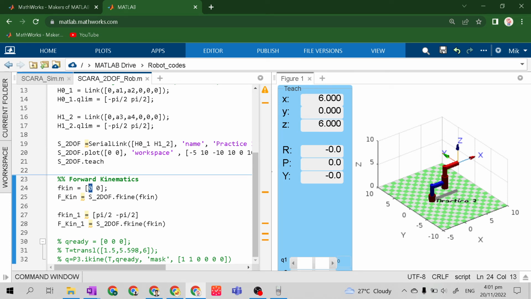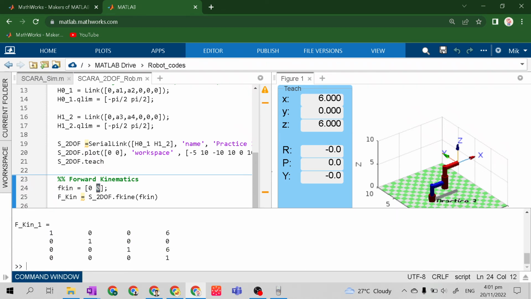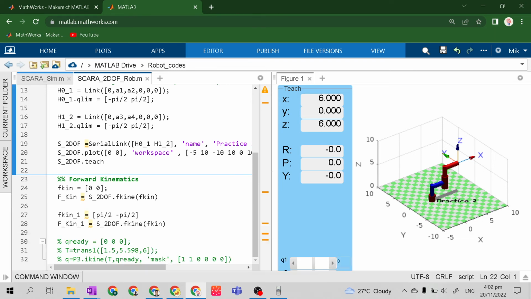So these are the joint variables theta 1 and theta 2, 0 and 0. Next, fkin 1 gave us the homogeneous transformation matrix if the joint variables are 90 degrees and negative 90 degrees. Sorry, this should be fkin underscore 1.